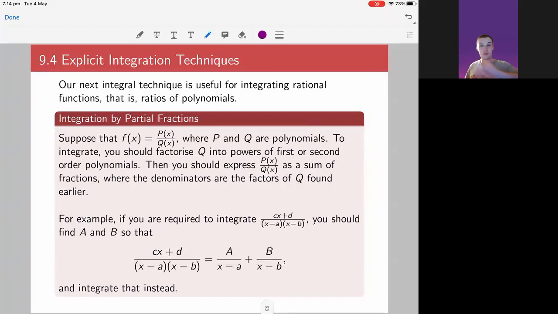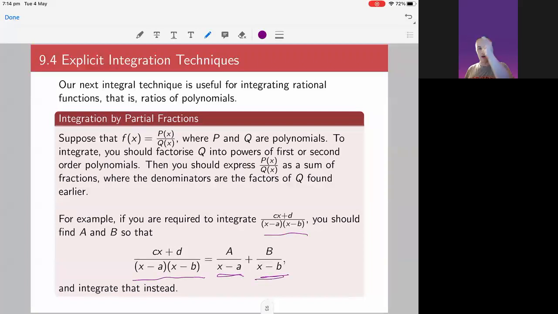Let's suppose you were given real numbers a, b, c, and d, and you wanted to integrate the function cx plus d divided by x minus a times x minus b. What you want to do is write this fraction as a sum of two other fractions.